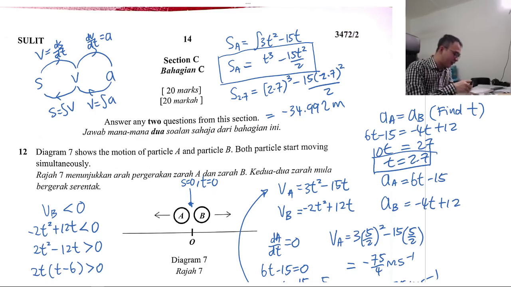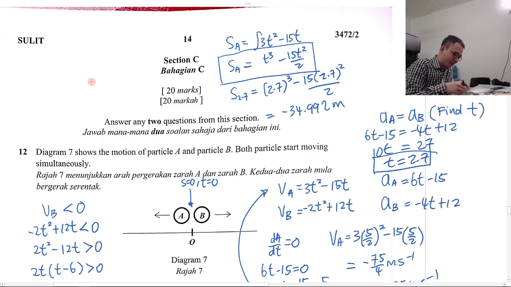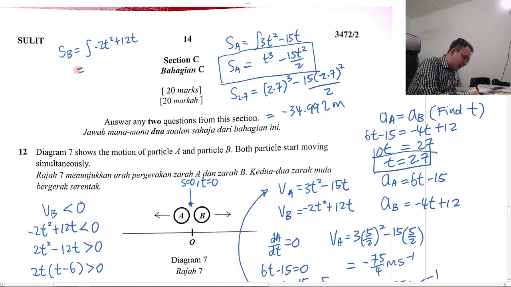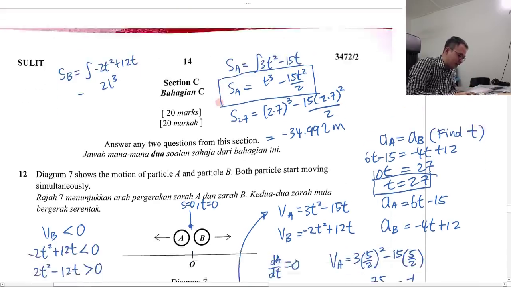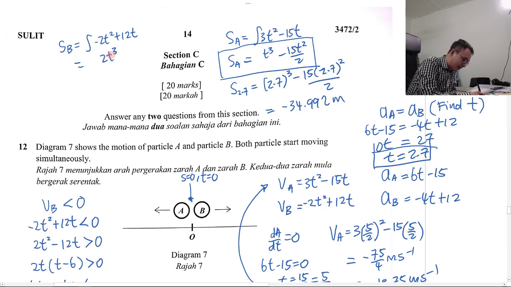So right now I will need to integrate the velocity of B, because I want to get the displacement of B. So I will integrate negative 2t squared plus 12t. If I integrate this, I should get negative 2t cubed over 3 plus 12t squared over 2, which is 6t squared.